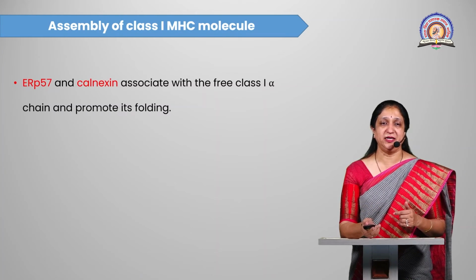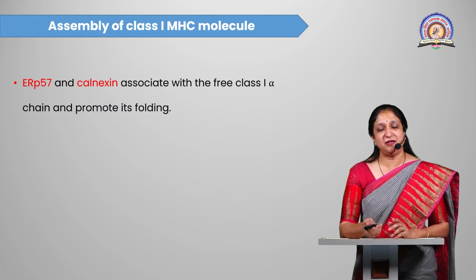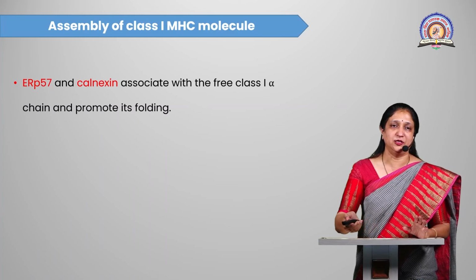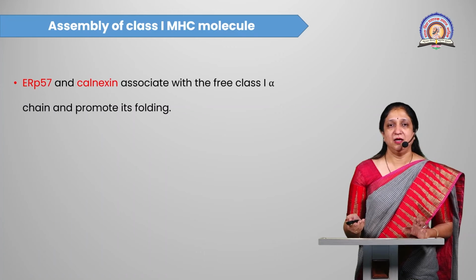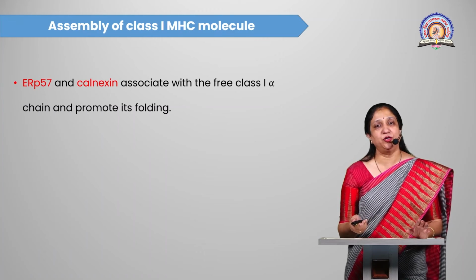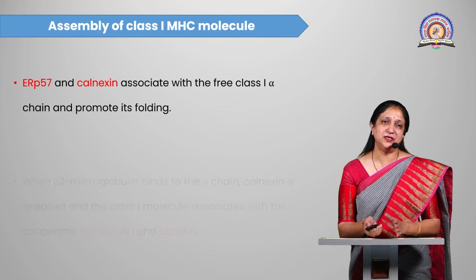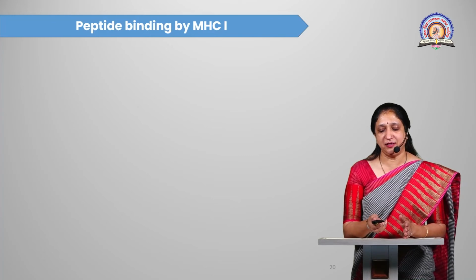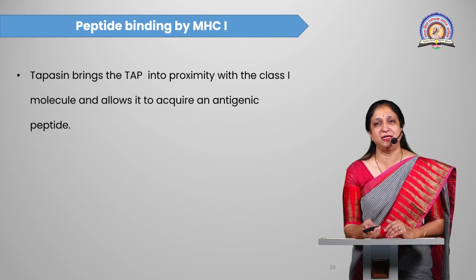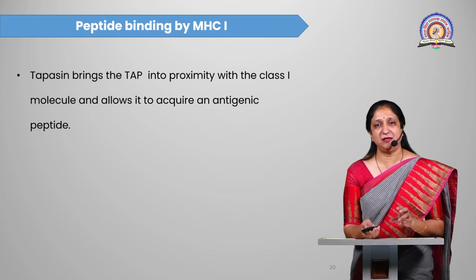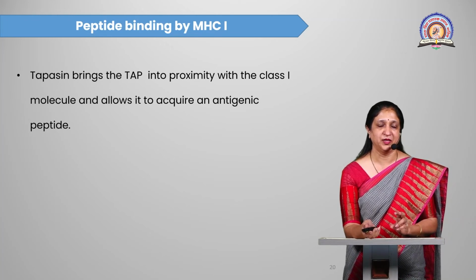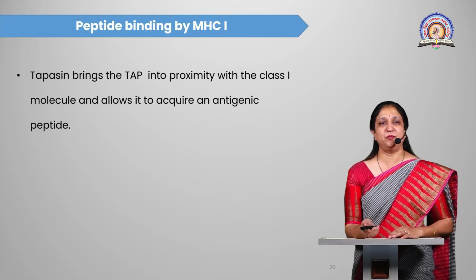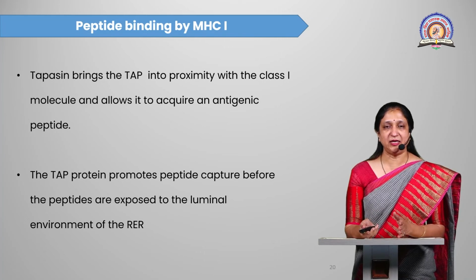So when the antigenic peptide enters inside the lumen of the rough endoplasmic reticulum, it should not get lost in the endoplasmic reticulum, and therefore the tapasin protein brings the class 1 MHC molecule close to the TAP protein, so that the peptide that enters inside the lumen of the endoplasmic reticulum can bind with the peptide binding cleft of class 1 MHC molecule, in which it dislocates the ERp57 and the antigenic peptide binds to the class 1 MHC molecule.